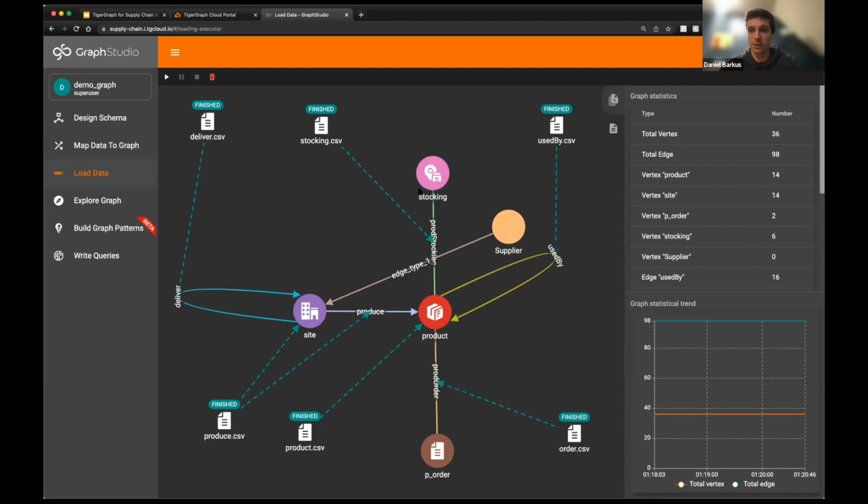So as far as limits go, for TigerGraph Cloud, the limit is your credit card, really, because a bigger machine will run up the cost. But we do also offer the option to run this on-prem. If you go to the TigerGraph website, you can click on download, and you can get essentially the same free license as the cloud provides, but you can run it on any machine that you want.